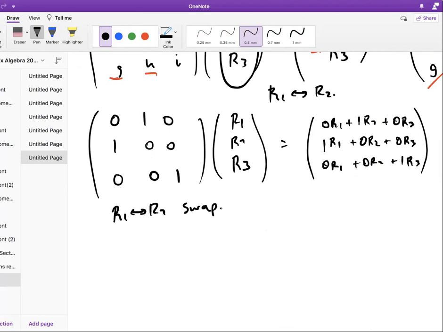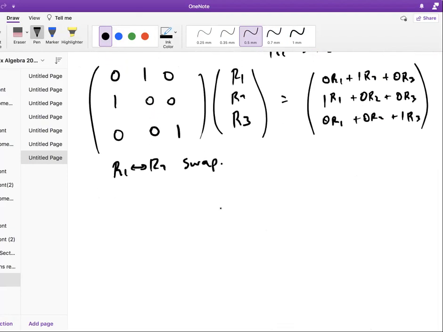All right, can we figure out maybe what row 2, row 3 swap would be? So what will be the first row in a row 2, row 3 swap? Yeah, so the first row doesn't change. So if you want to think about it, it should look like the identity matrix, right?